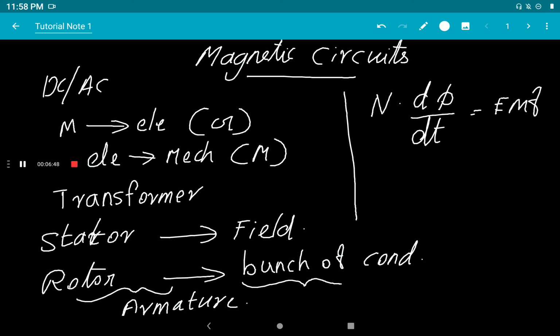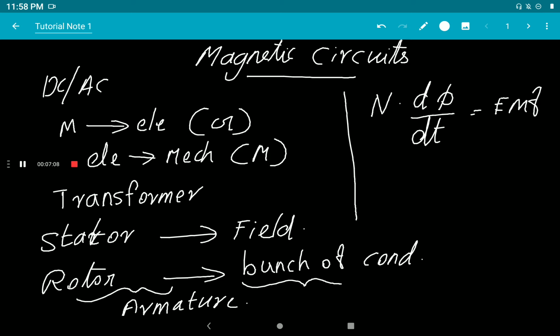So in electromechanical conversion devices, either it may contain a stationary magnetic field and rotating armature, or a rotating magnetic field and stationary armature. Both are possible.